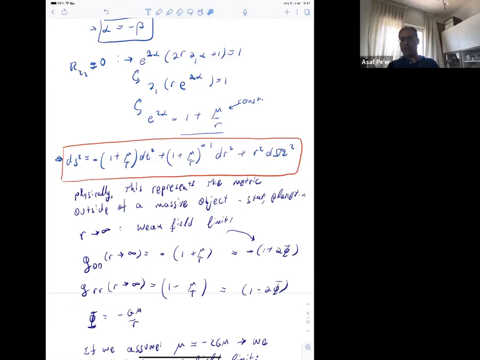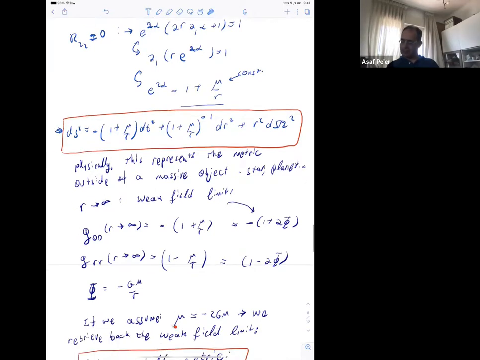So for me, it can be anything. Now I want to give it a physical interpretation. And again, the physics that I want is the same thing that we already did, really. I'm just saying, okay, in the weak field, in the Newtonian limit, I want to retrieve back the gravitational potential, the Newtonian gravitational potential as I know it, right? This one. And this I can do if I associate this constant. So it's basically an assumption, really.